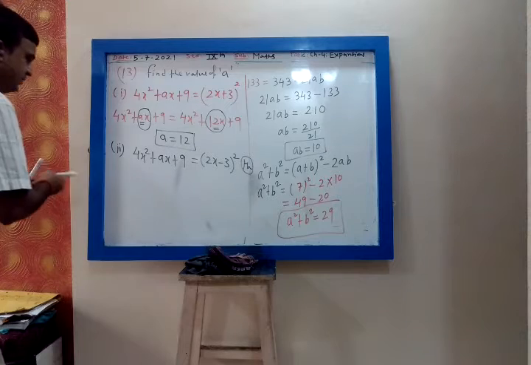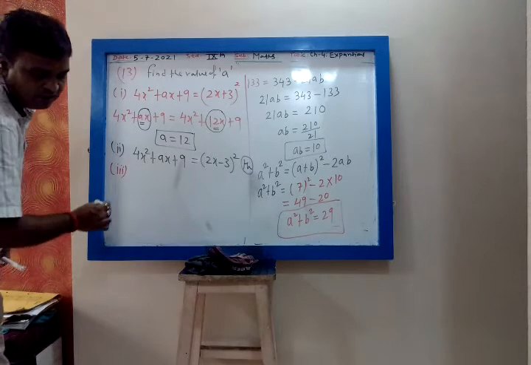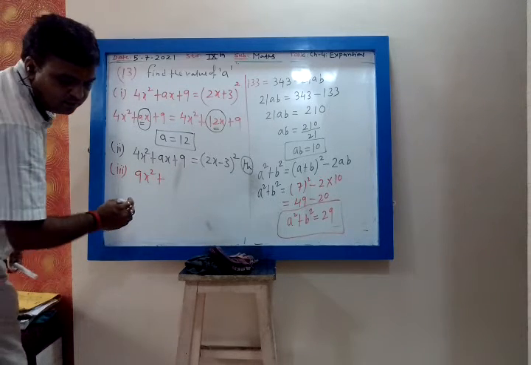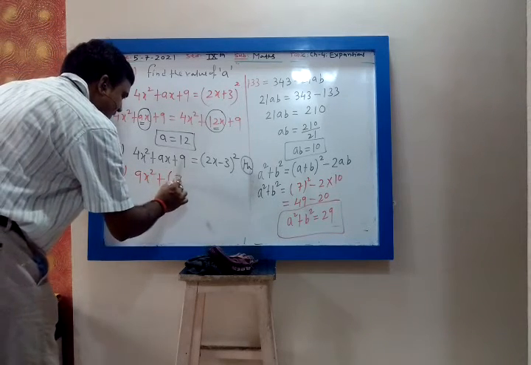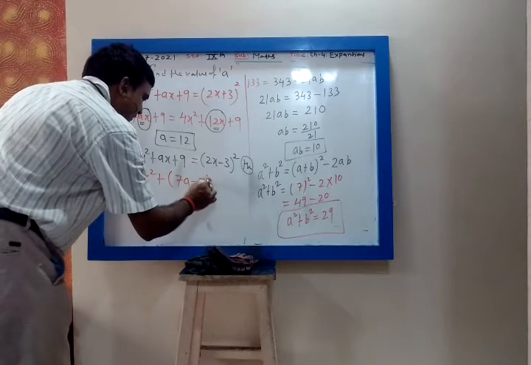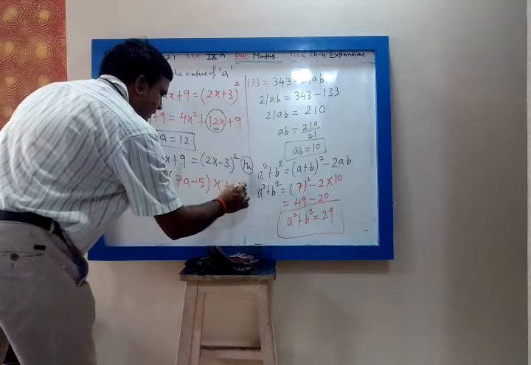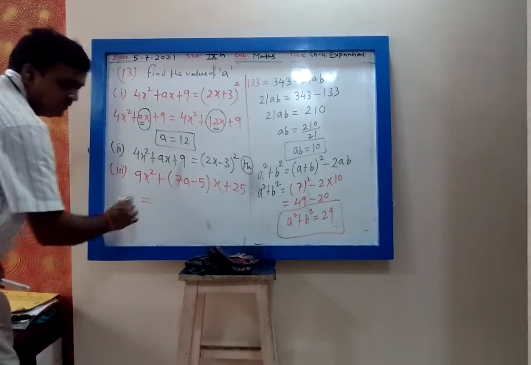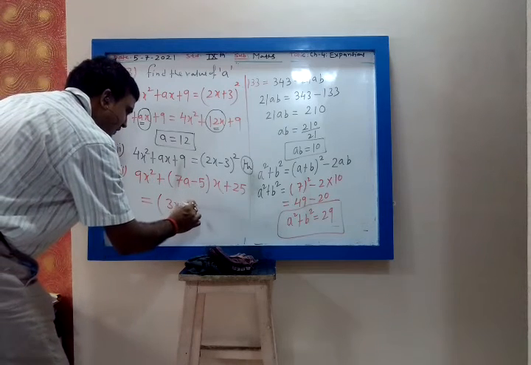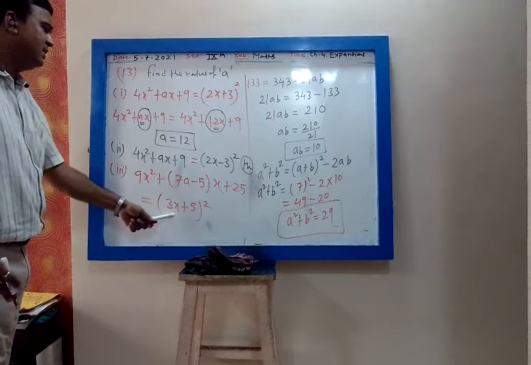Then the third one: 9x square plus 7a minus 5 into x plus 25 is equal to 3x plus 5 whole square. This is my left hand side. Expand the right hand side by using a plus b whole square.